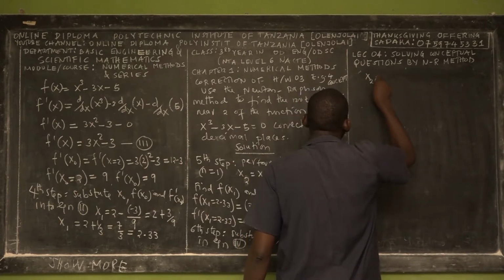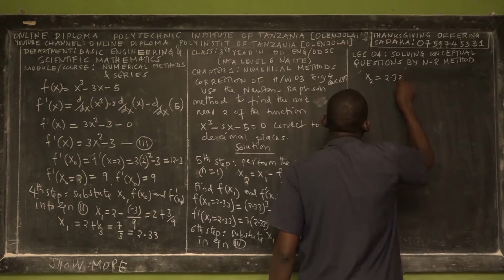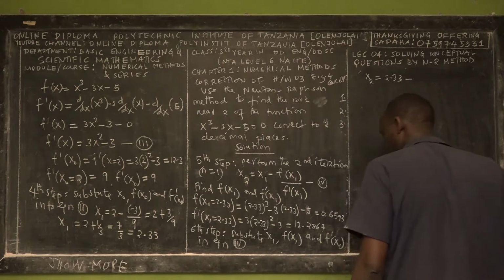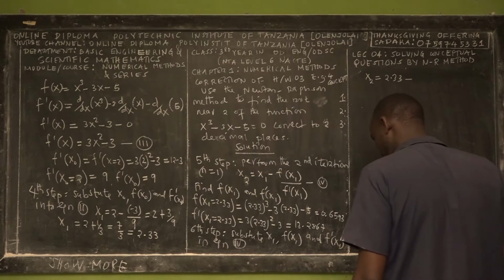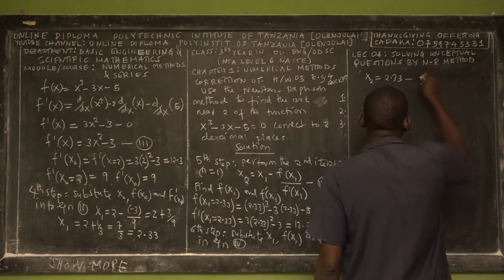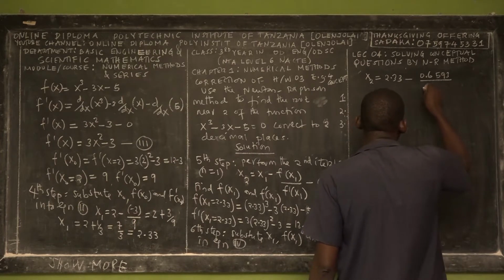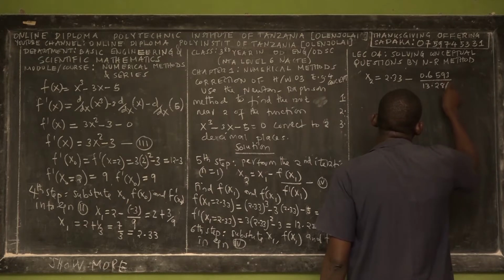So we have x2 is equal to x1. What's x1? It is 2.33. Then we have minus f(x1), whose value is 0.6593, divided by 13.2867.